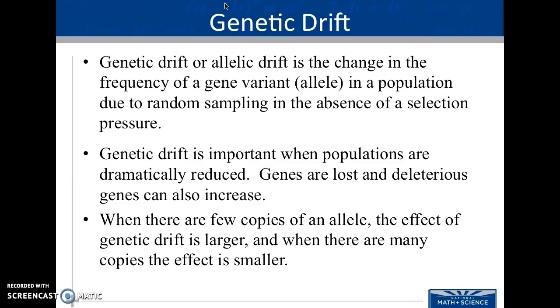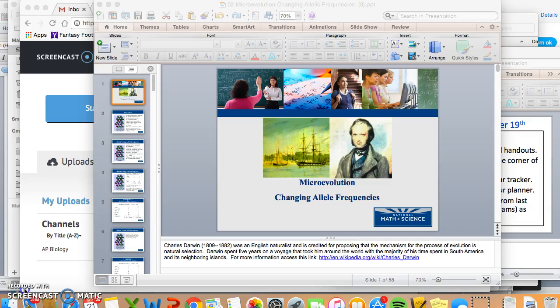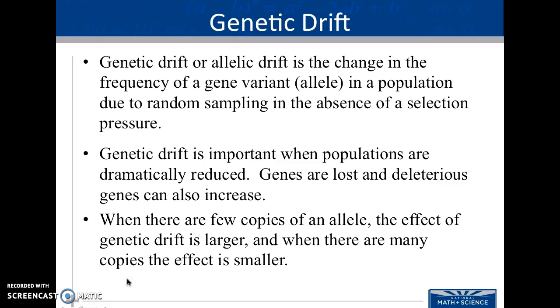This is important when populations are made very, very small by any variety of things: hunting, predation, environmental factors. A ton of genes are lost, and negative genes can increase as well. In genetic drift, essentially what happens when there are a few copies of an allele, the effect of this genetic drift or this big change is larger.